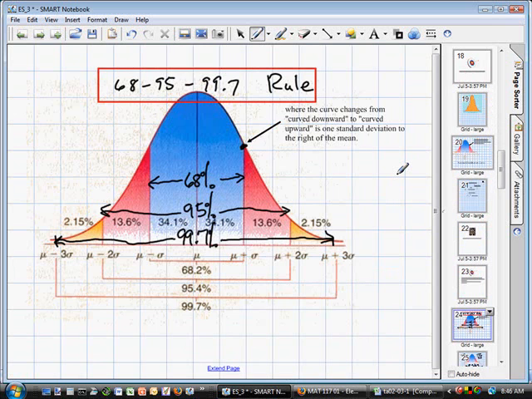Okay, and then this probably will be our last thing for today. The same curve, I've got it divided into colors. If we go 1 standard deviation either way from the mean, when it's normally distributed, there will always be 68% of the data between those two. The blue section of the curve is always going to have 68% of the data in it, every time.